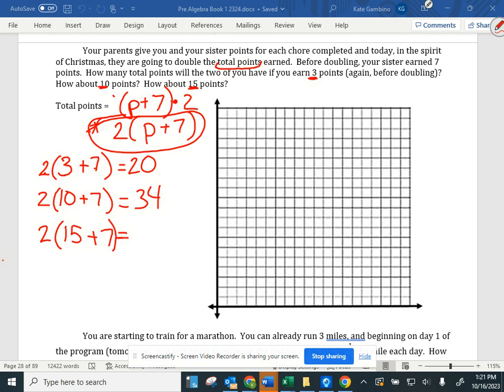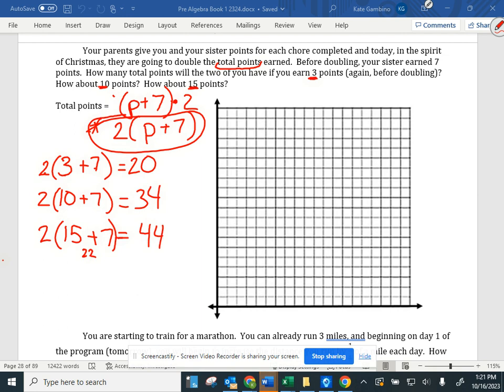Super close. What did you get for 15 plus 7? 15 plus 7 is 22. Times 2 would be what, Henry? 44.